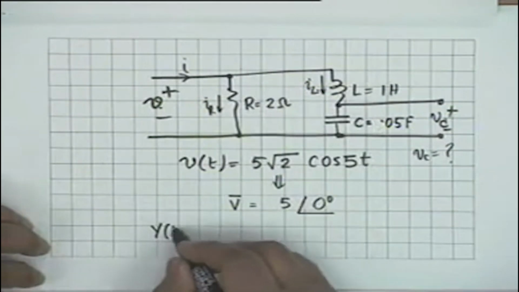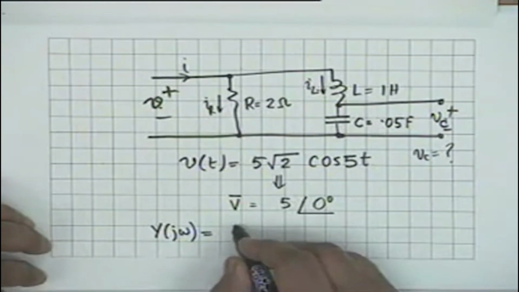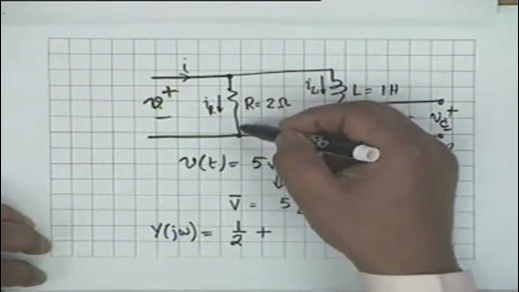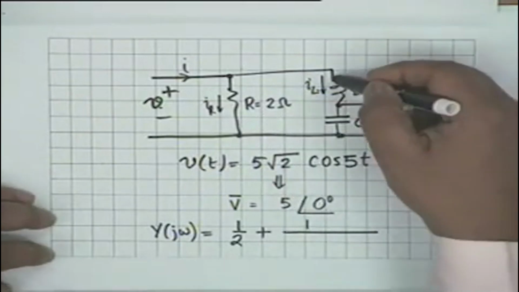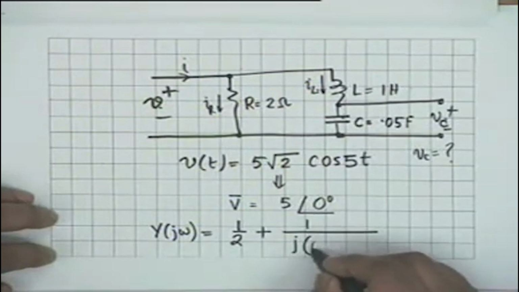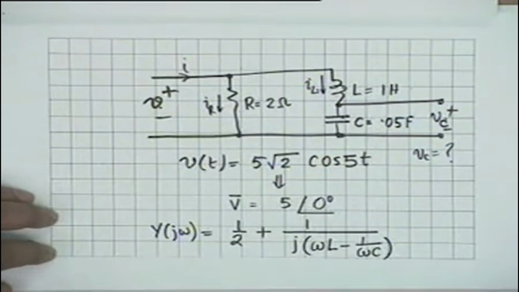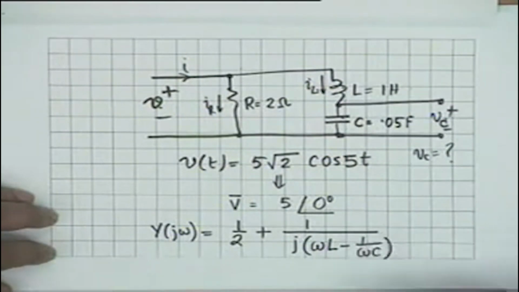Y of j omega obviously is half, the admittance of this, which is 1 by R, plus 1 by the impedance of this plus this. So it would be j omega L minus j by omega C. J omega L is the impedance of the inductor in series with the impedance of the capacitor, minus j by omega C. Let's substitute the values and see what happens.